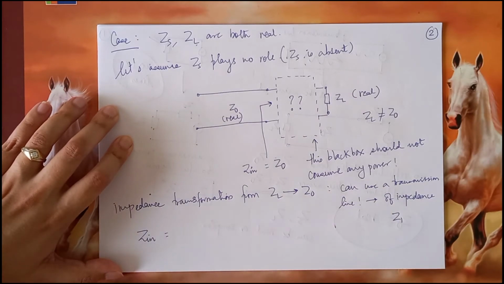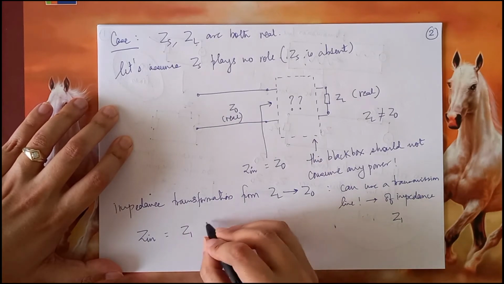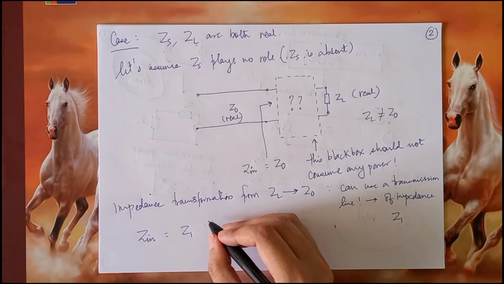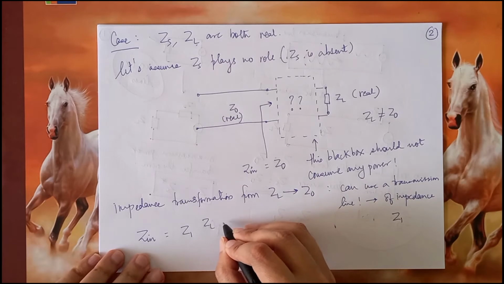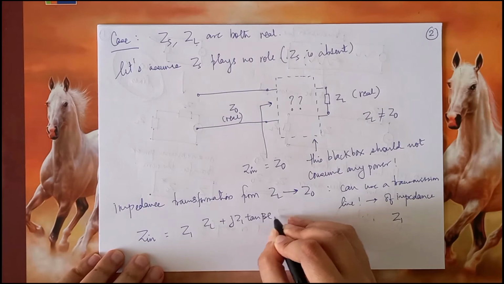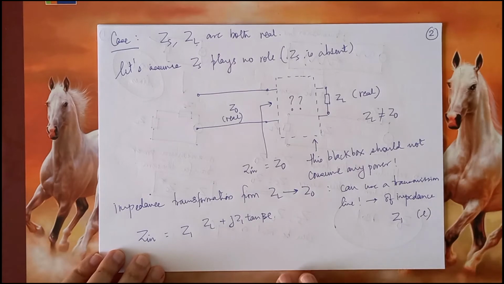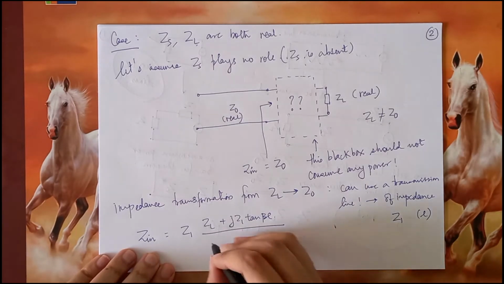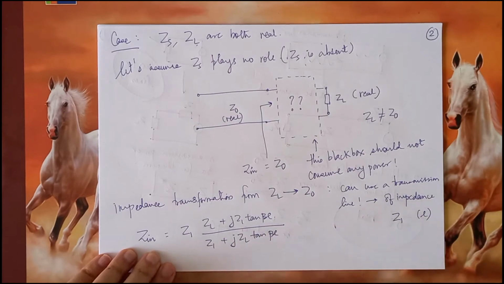Using the impedance transformation relation, we get that Zin should be equal to Z1 times ZL plus jZ1 tan beta L. Well, let us say the length is L of this Z1 transmission line. So the denominator will have Z1 plus jZL tan beta L.